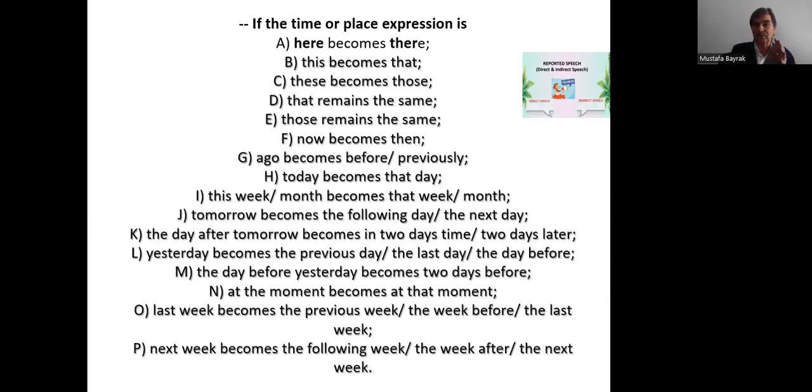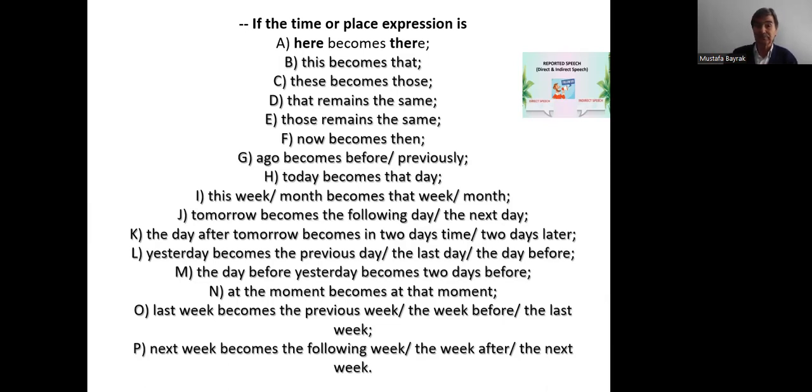Tomorrow, in reported speech with the past introductory verb, becomes the following day or the next day in the indirect speech. The day after tomorrow becomes in 2 days' time or 2 days later. Yesterday becomes the previous day or the day before.